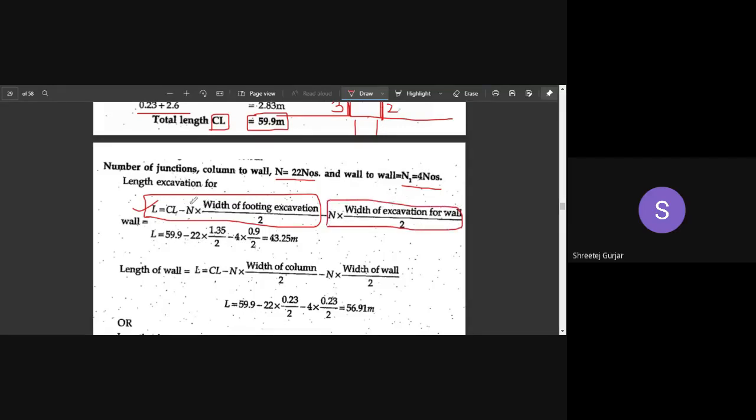This is for your column to wall junction, and this is for wall to wall. Remember, this is not N, this is N1. They have not mentioned that, so remember, this is N1. This is what we will be using for calculating all the lengths in our center line.